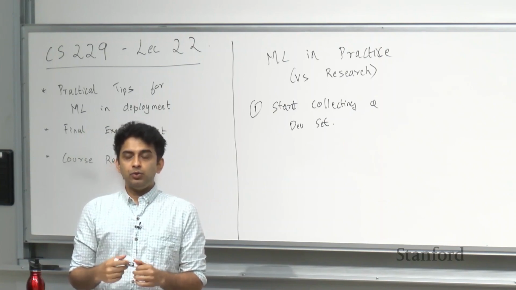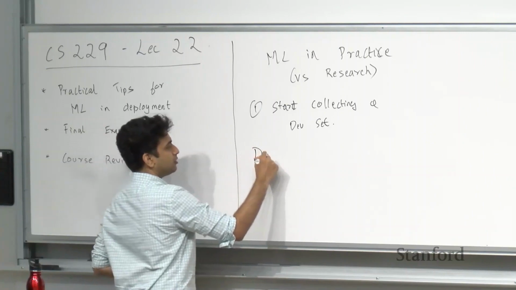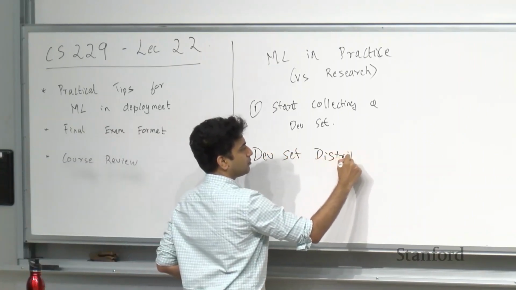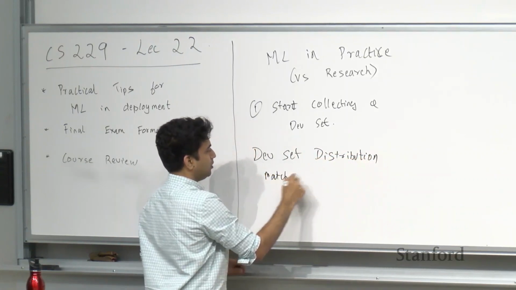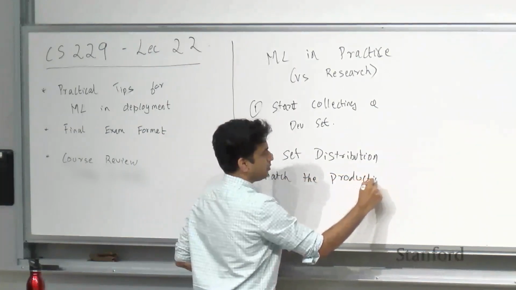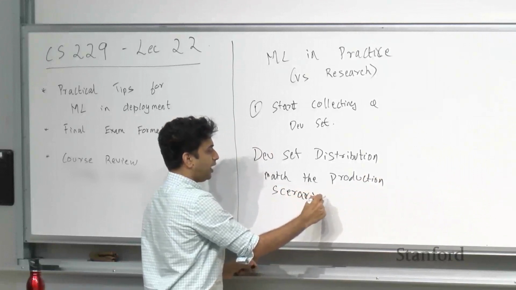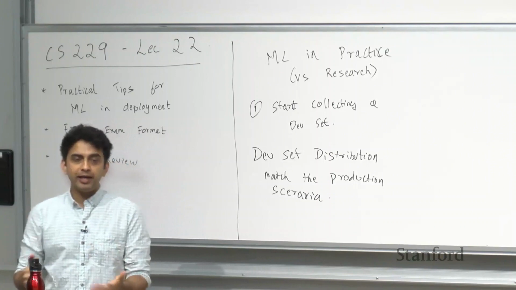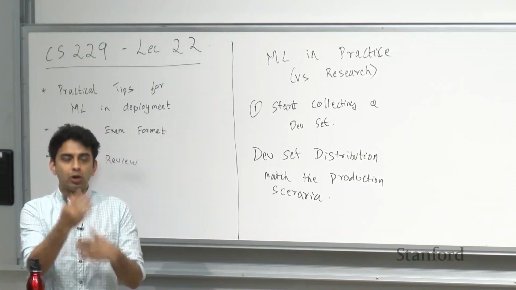And the reason is you want to have your dev set distribution match the production scenario. And it's important that you start with this step even before you start thinking about what your training data is. First define what your dev set is and then work backwards from there.